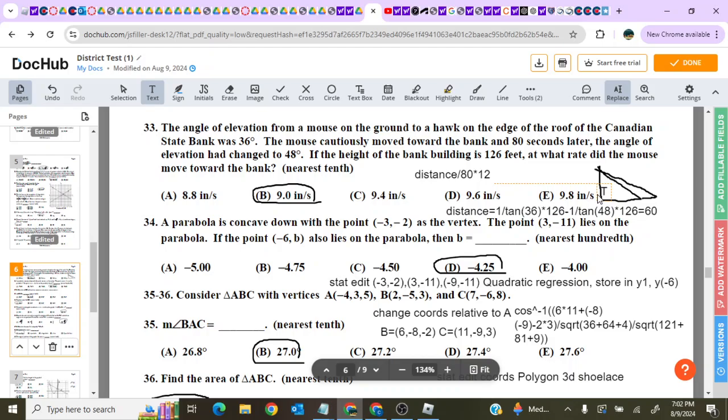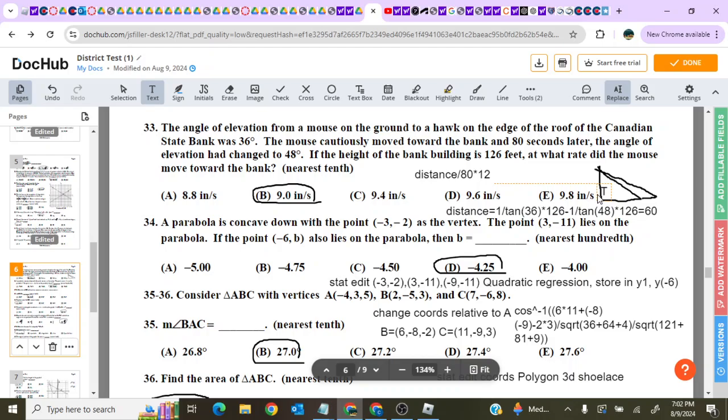Then once you do that, you divide distance over time to figure out your rate. So 60 feet over 80 seconds gets you 0.75 feet per second. Multiply by 12 to get inches, and you get 9.0 inches.